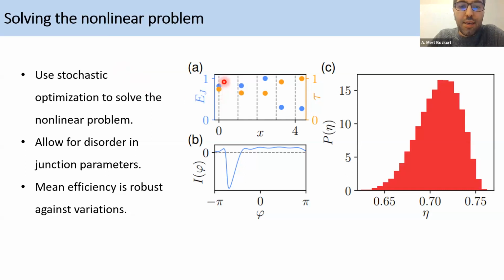Here, as you can see, this is 5 arms. So 1, 2, 3, 4, 5. And with blue, we are denoting the Josephson energies of each arm. And with yellow, we are denoting the effective transparency.